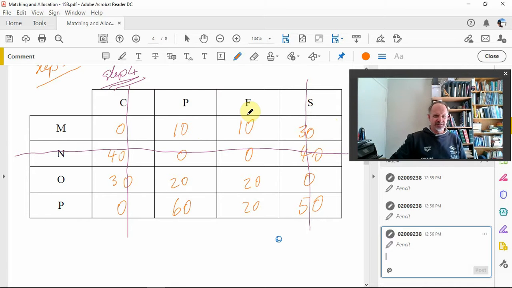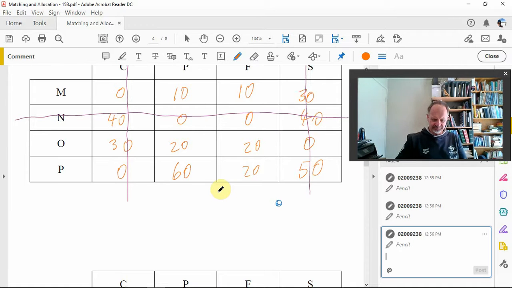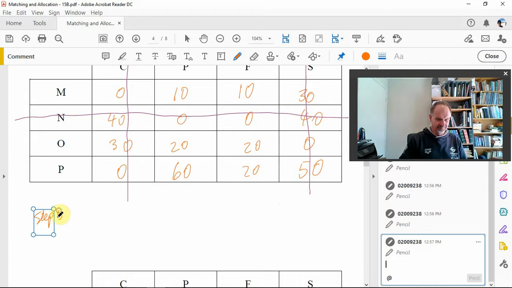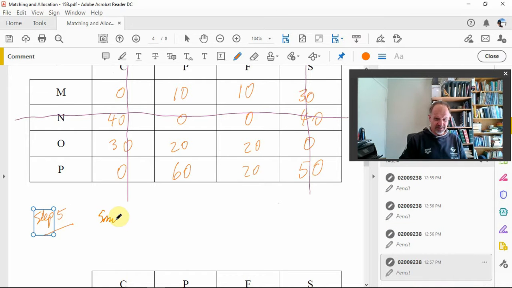And this is interesting: if there are numbers covered by 2 lines, so that's these 40s here, we add this smallest number. So the smallest uncovered is 10. The 2 lines there and there, we add 10.